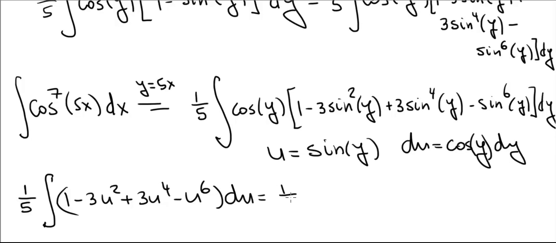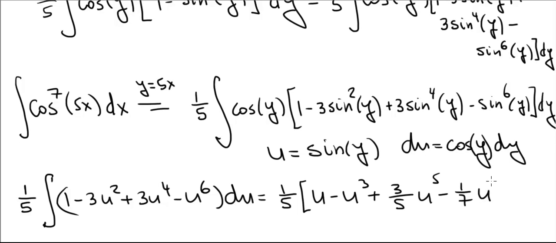And so this is 1/5 times the quantity u minus u cubed plus 3 over 5 u to the 5th minus 1 over 7 u to the 7th.